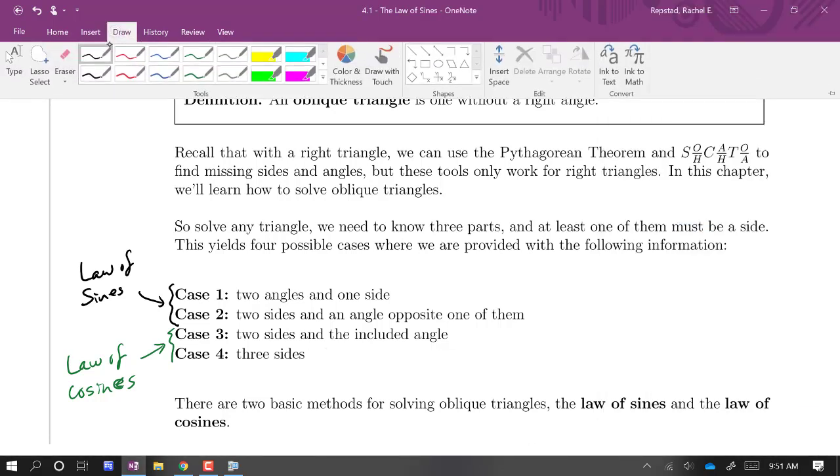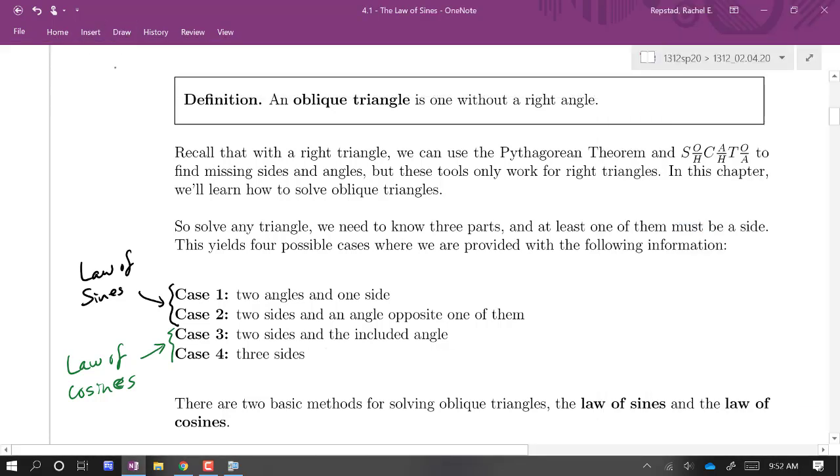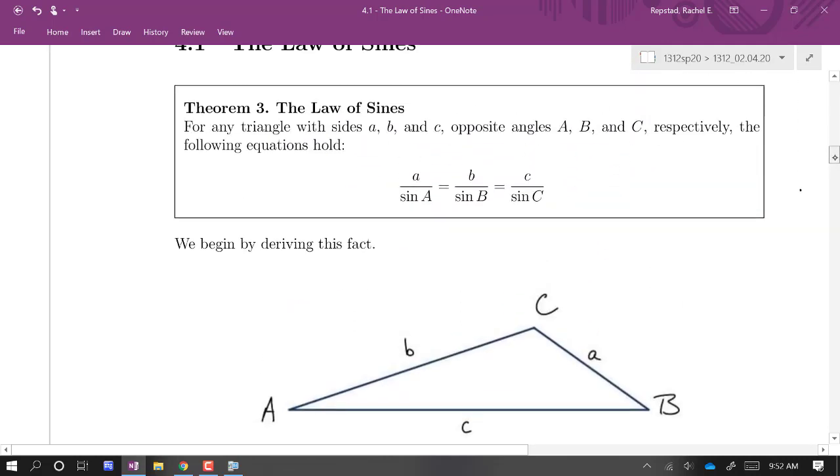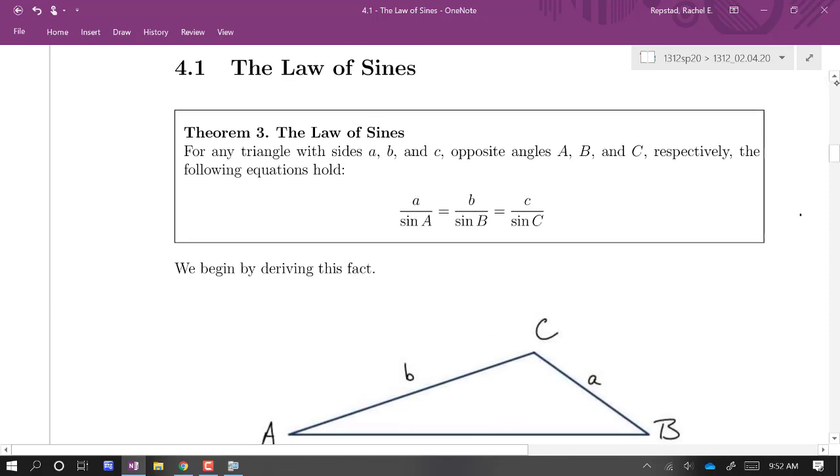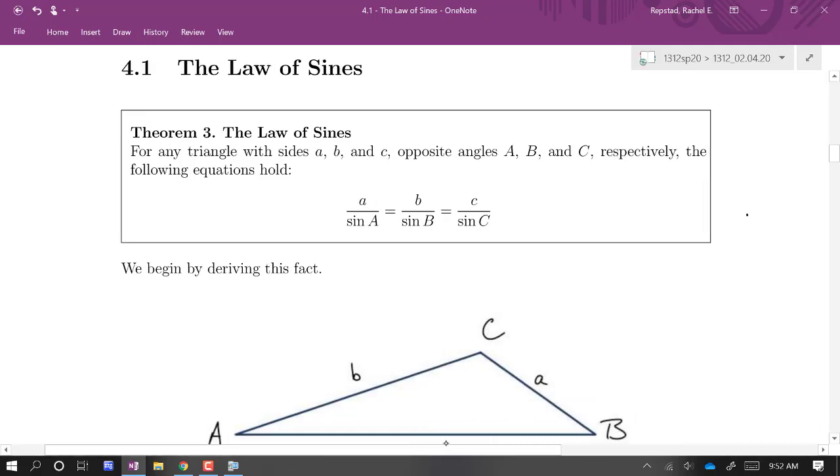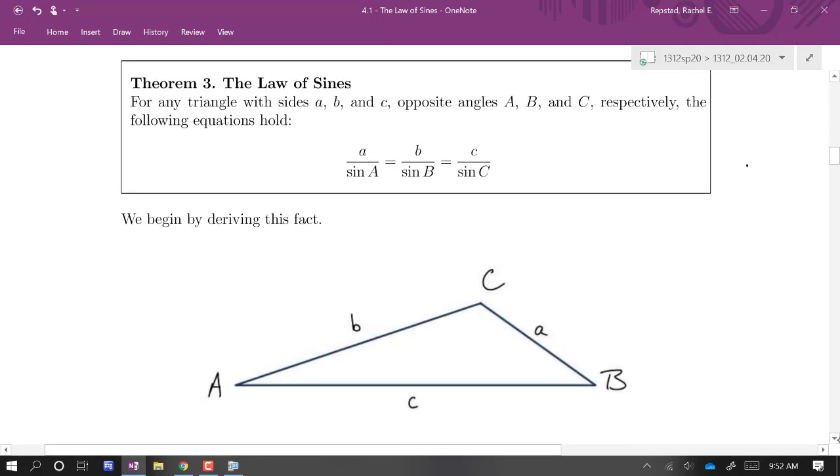Okay. So let's talk about the law of sines. Here's how the law of sines works. We start with a triangle. And as usual, we're using lowercase letters to label the sides, and the capital letters are the angles.